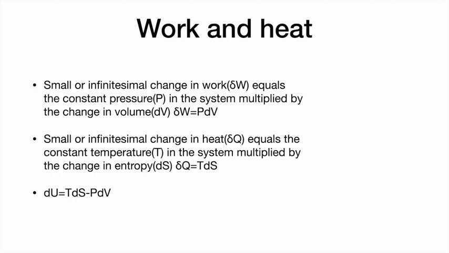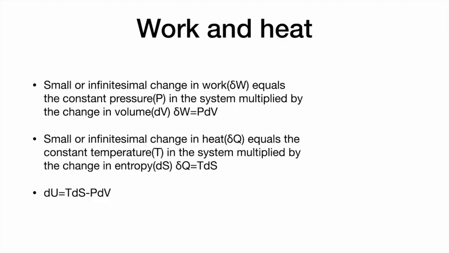When a constant temperature is supplied, the piston is going to move up and the pressure is going to be constant. So in situations like this, work is done based on the change in volume.